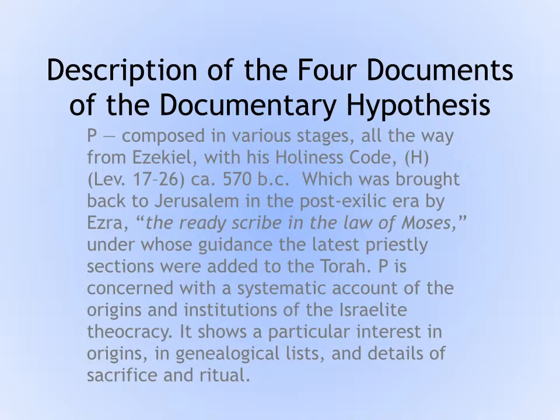So what they're saying is that while the children of Israel were in captivity, under the Babylonian captivity, the southern tribe of Judah, Ezekiel, as he prophesied to those tribes that were held captive, as Ezekiel wrote his works, he creates this holiness code that is now added back in, or redacted into, edited into the Levitical code that is given to us there in the Old Testament, and that's Leviticus 17 through 26.